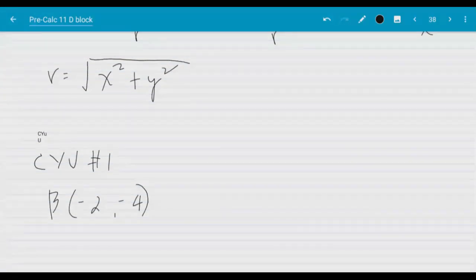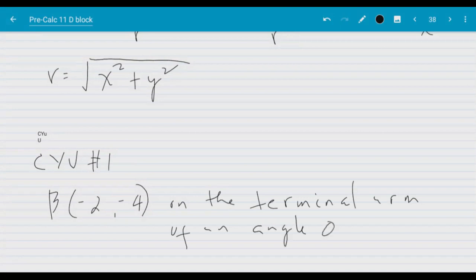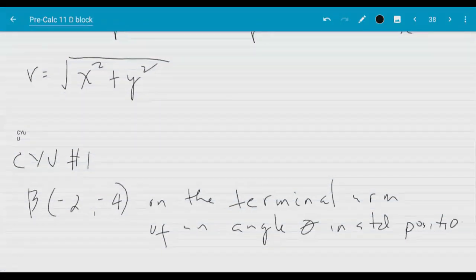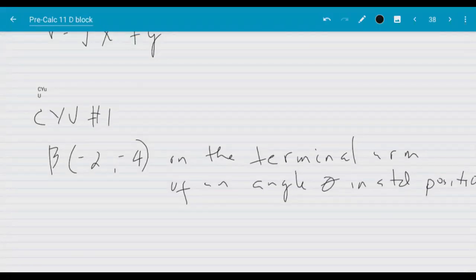Part A says: determine the primary trig ratios of theta.